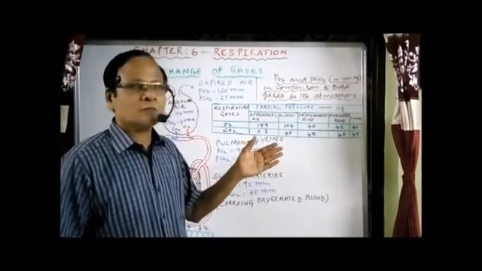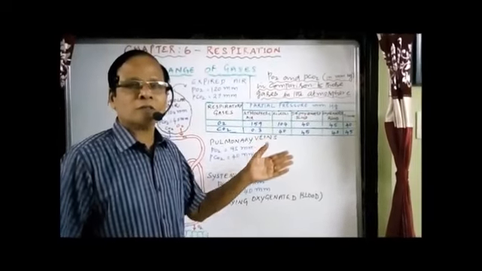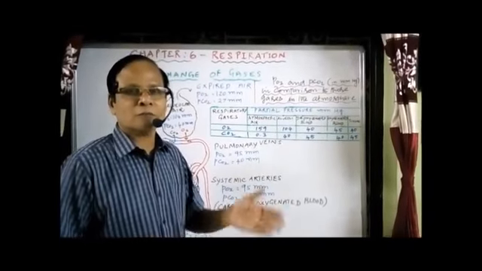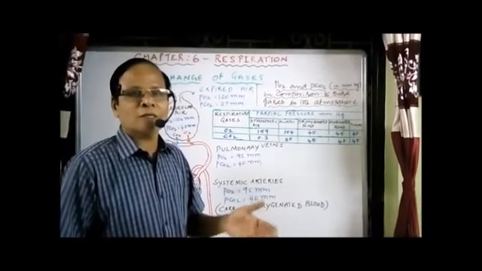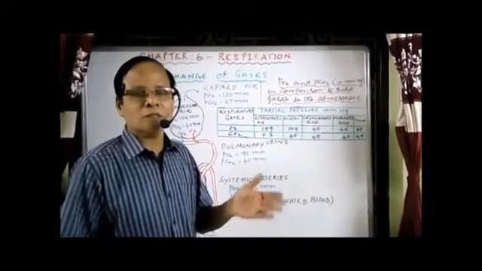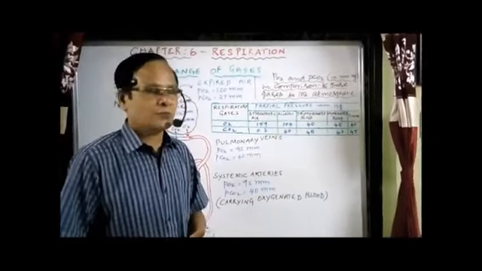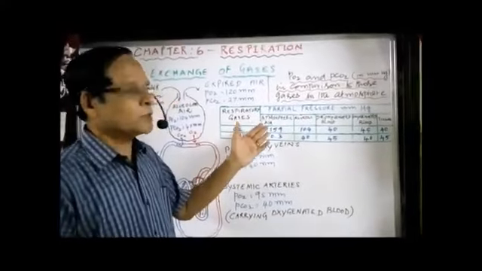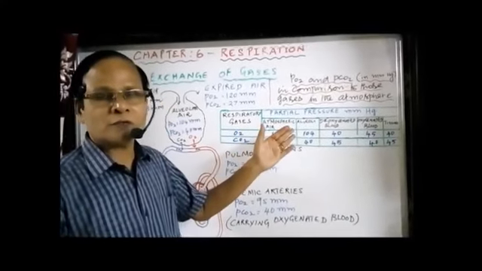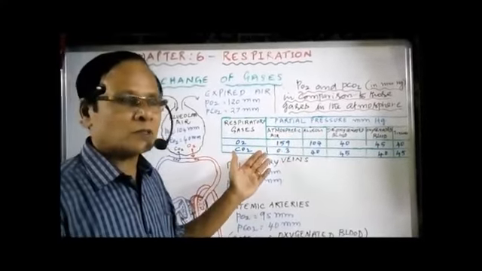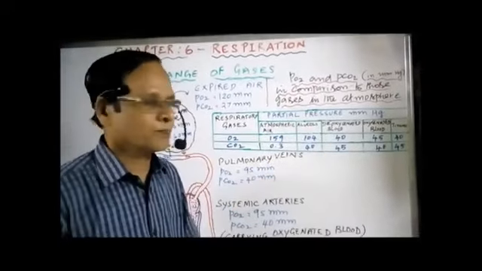Now let's see the partial pressure of oxygen and carbon dioxide in different places: in the atmosphere, in the alveoli, in the oxygenated blood, in the deoxygenated blood, and then the tissues. This is the table showing the partial pressure of different gases, particularly oxygen and carbon dioxide, in different places.